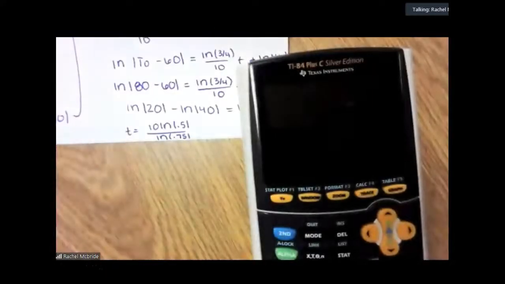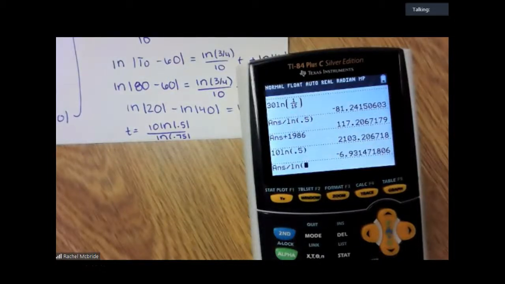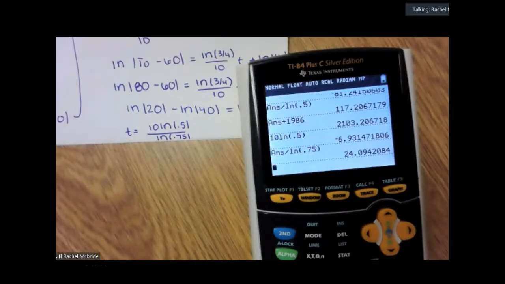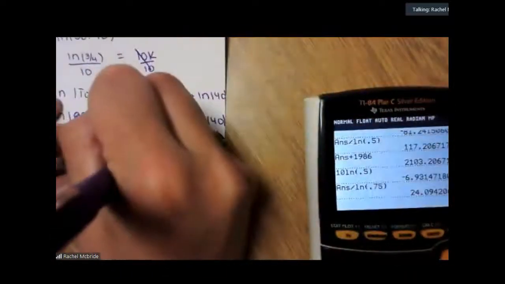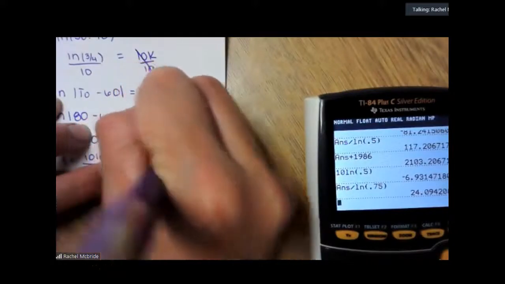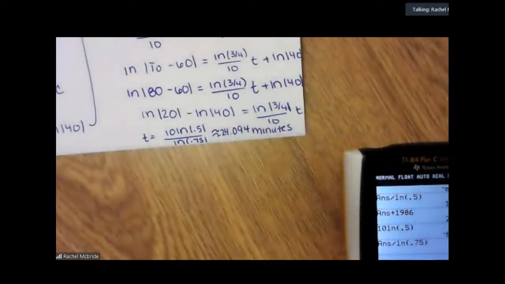And use a calculator to find that time, which is 24. So what that means is it takes approximately 24.094 minutes to cool to a temperature at which he could ice the cake.